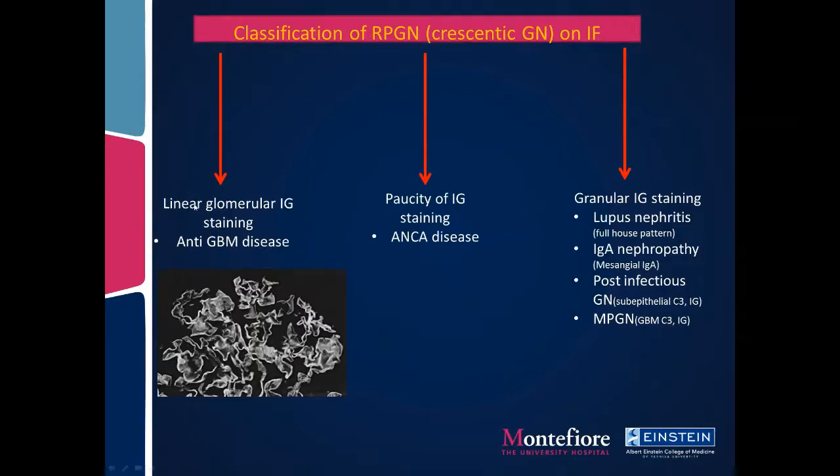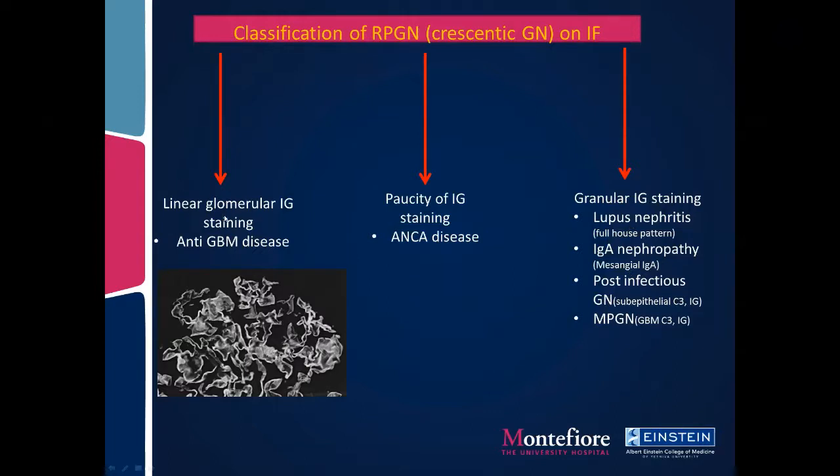So instead of it being linear, where it is staining the whole glomerular capillary loop, here the staining is more in a granular pattern. And you see that with lupus nephritis, IgA nephropathy, post-infectious GN, and MPGN. So we'll be talking about these three, lupus, IgA, and post-infectious, during the lecture. And each of those have their specific staining patterns, and we'll come to that when we talk about these diseases.